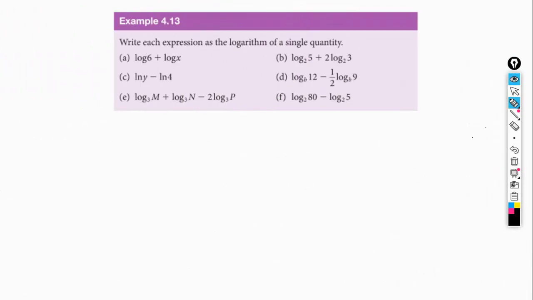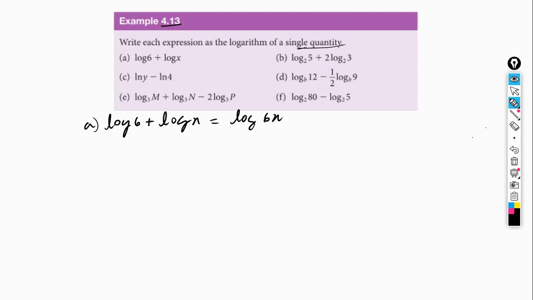Okay, so now let's take a look at example 4.13. It says, write each expression as a logarithm of a single quantity. So this means the opposite process of what we did in the previous example. Notice that for A, if we have log 6 plus log x, we can express it as the logarithm of a single quantity as log of 6x.